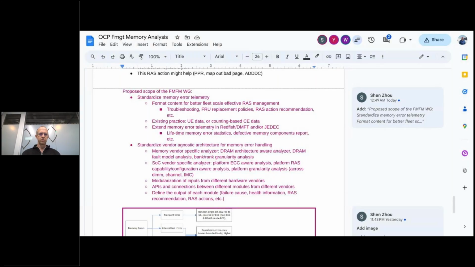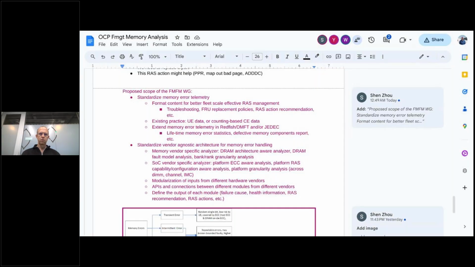As we discussed in the last meeting, the current practice in the fleet is typically using counting-based CE data or UE data to make the decision, but there could be a lot of room for extending the memory telemetry. Defining a new set of memory telemetry could be either in the Redfish DMTF, or we store the data to the ISPT inference to the JEDEC.